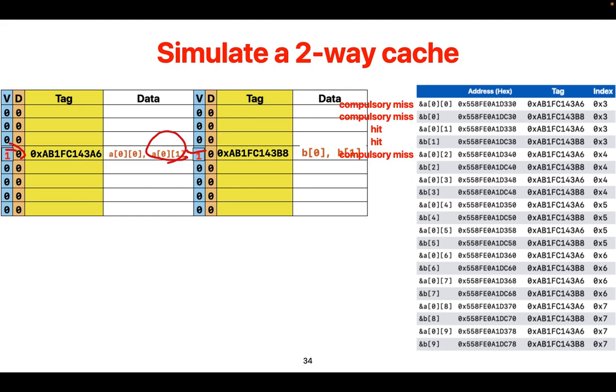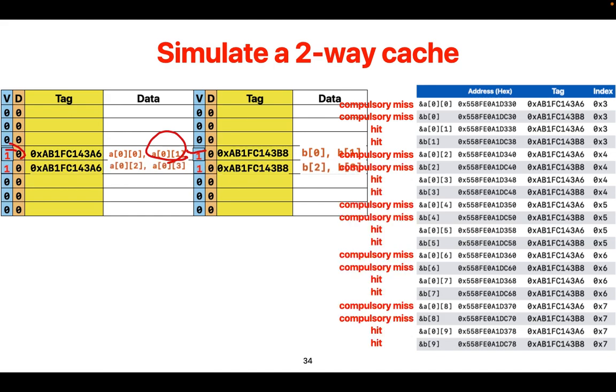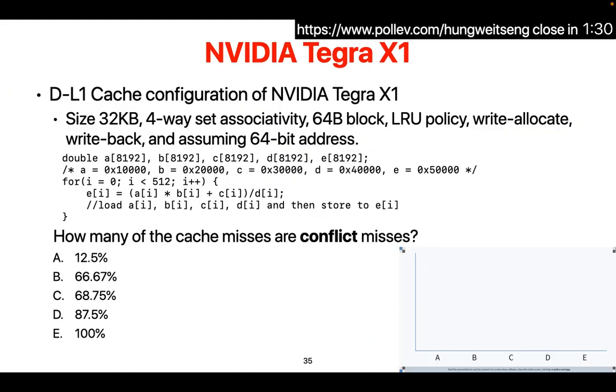Compulsory miss, right? So if you keep going, you'll figure out that with a two-way set associative cache, you can eliminate all conflict misses, even though the cache size remains the same. Magic. Okay, so now, looking at this, can you tell me why there are so many cache misses in the NVIDIA Tegra X1 cache?